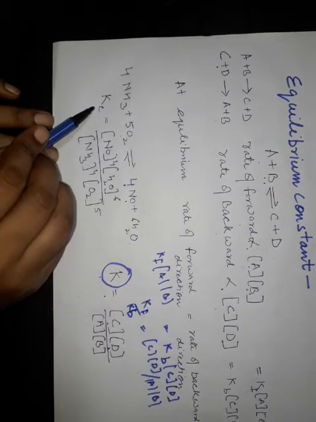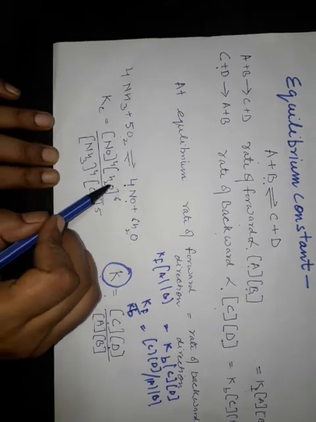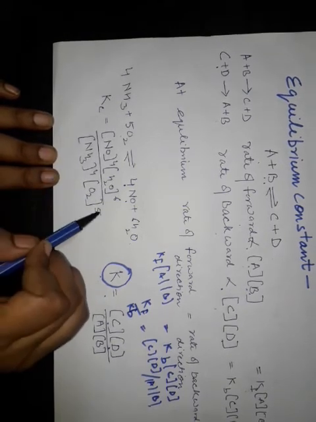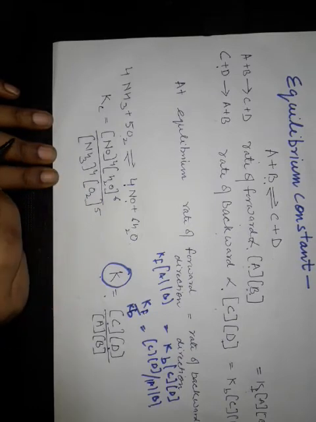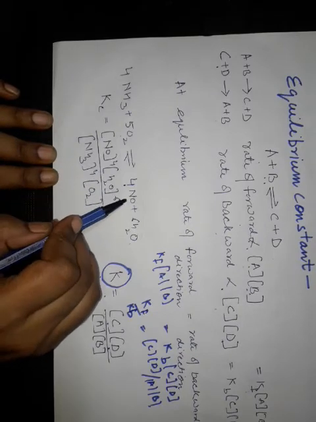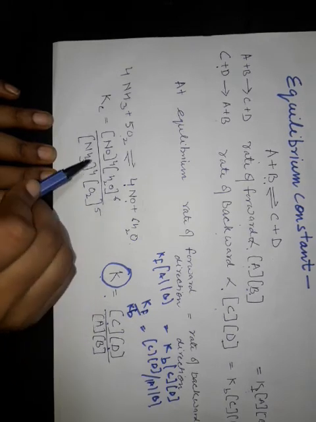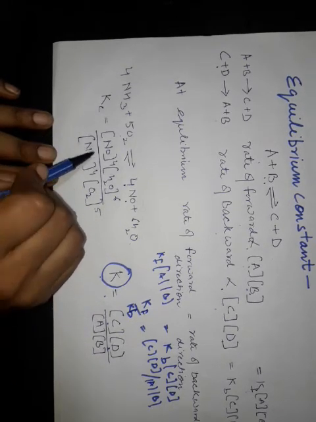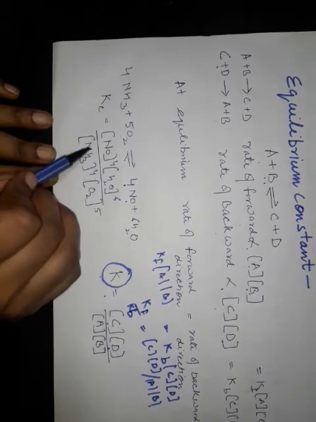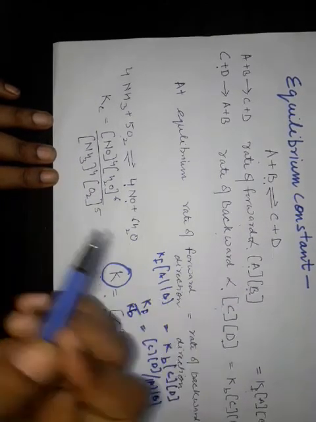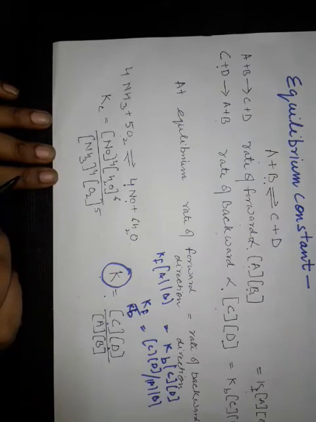Equilibrium constant is equal to the product of concentration of products divided by the product of concentration of reactants raised to the power of their stoichiometric coefficients. Means NO और water की concentration का ratio अमोनिया और ऑक्सीजन की concentration, raised to the power of their stoichiometric coefficients होगा.